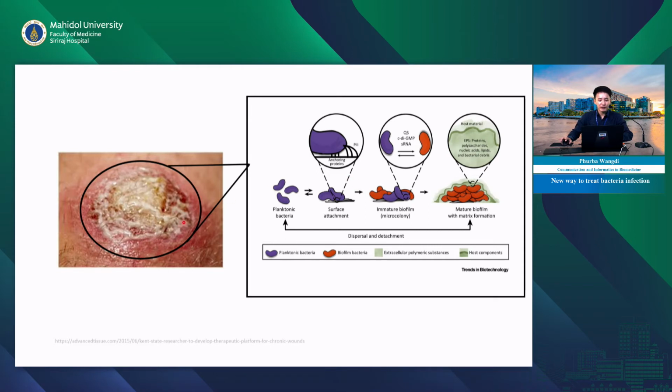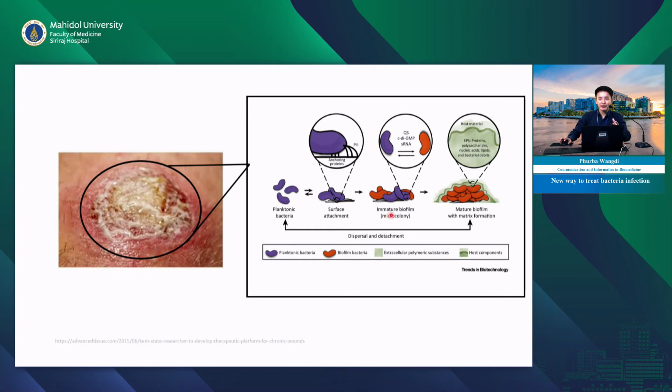We know that planktonic bacteria are called free-moving bacteria, and they have different kinds of structures. One structure that bacteria have is a hair-like structure on the surface, which is called pili. With the help of this structure, they get attached to the surface of the wound, and then over time they can form a small group, which is called a microcolony.